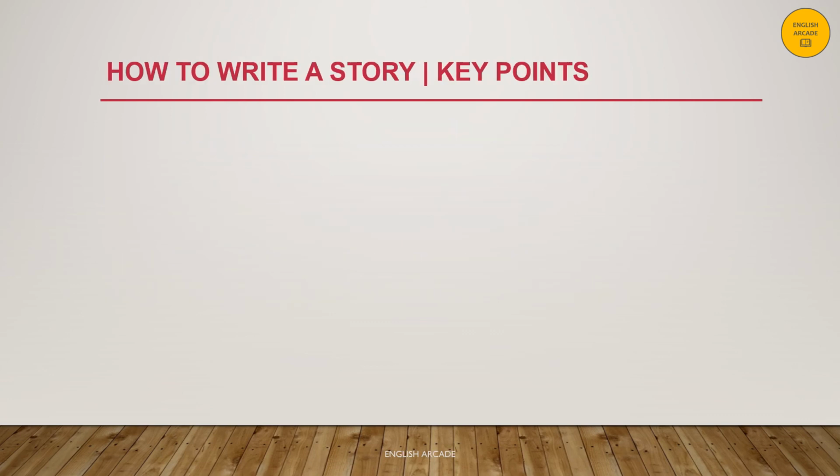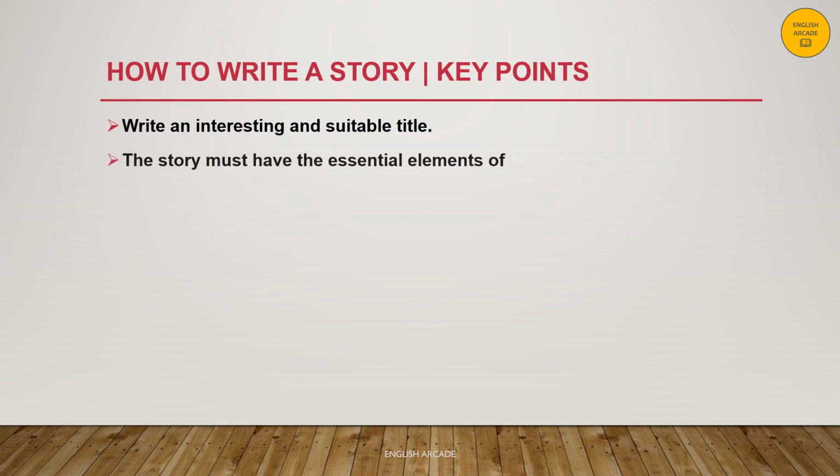Let us revise the key points that we've learned in this video on story writing. Write an interesting and suitable title. The story must have the essential elements of character, setting, plot, conflict, resolution, and conclusion.